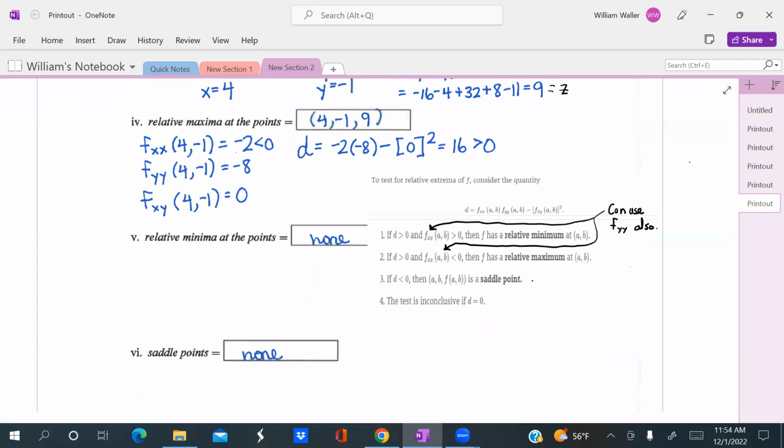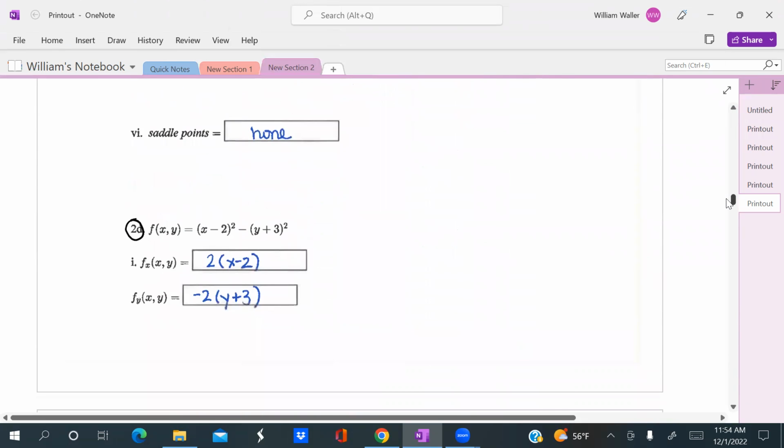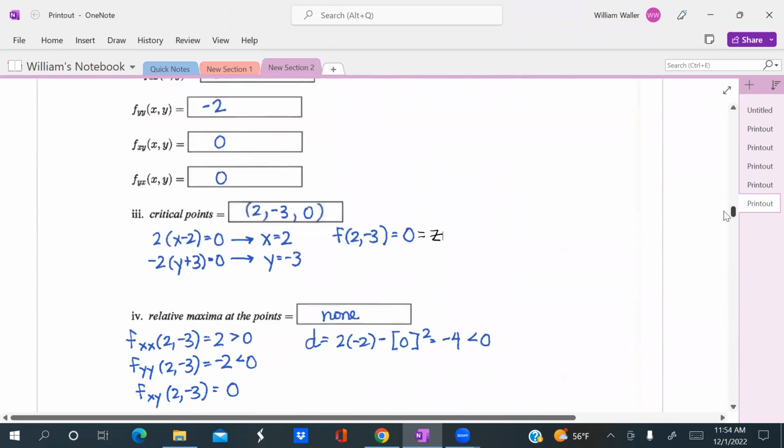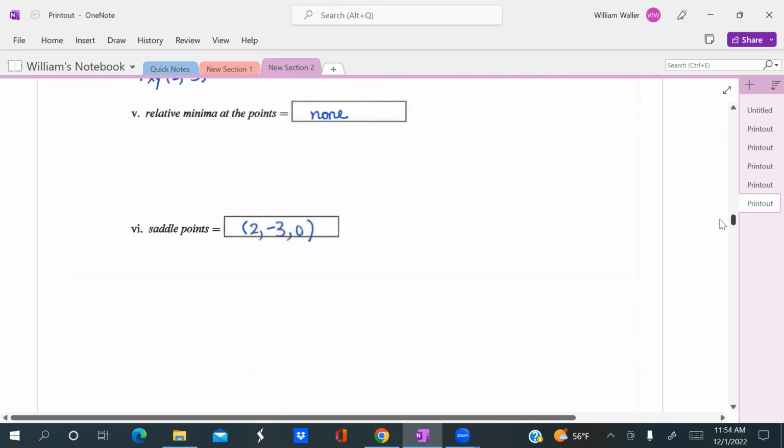Well, we don't even care about the second partial derivative with respect to x when D is negative, right? When D is negative, that means you have a saddle point. So this critical point is a saddle point. It is a critical point, but it's neither a local maximum nor a local minimum.